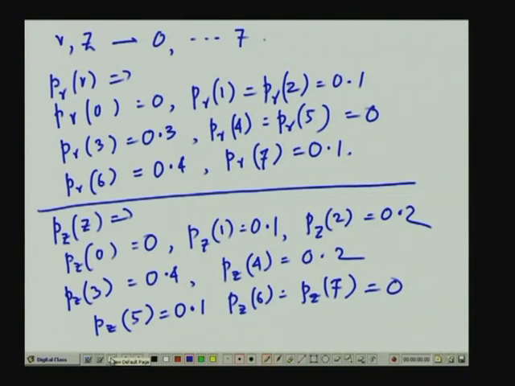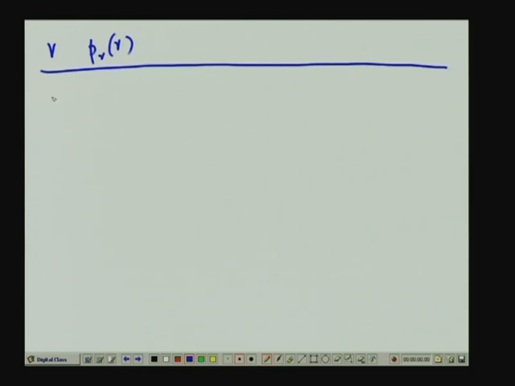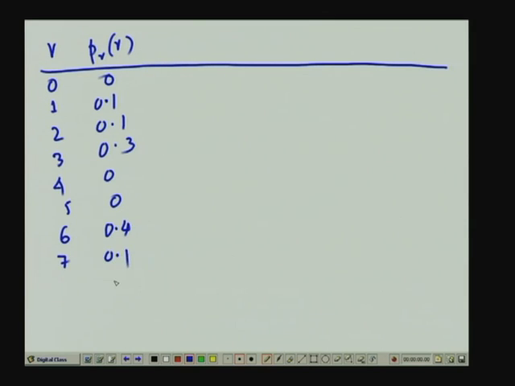In histogram equalization we found that for different values of R we get P r r like this: for R equal to 0, P r r equal to 0; for R equal to 1, 0.1; for 2, also 0.1; for 3, 0.3; for 4, 0; for 5, also 0; for 6, 0.4; for 7, 0.1.